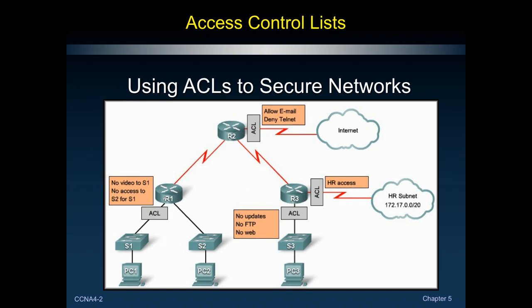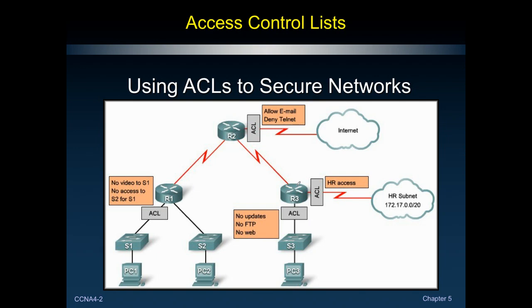Okay, like router 1, we place the ACL so that no video can be accessed to S1, which is the switch network, and no access to S2 for S1, meaning here S1 cannot access S2. And then we have other ACL lists on R2 and also R3.